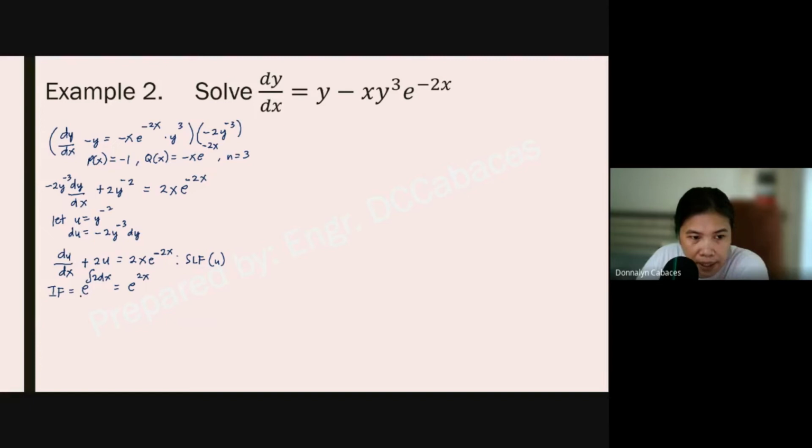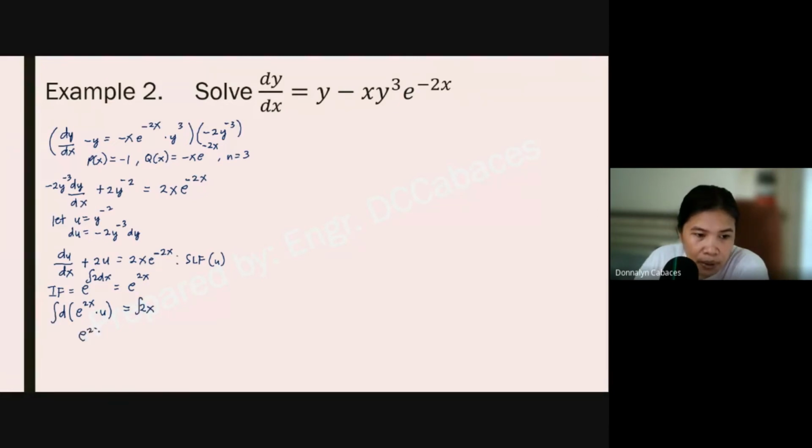So multiplying our IF with our SLF and with dx, again the left side would be the derivative of e to the 2x times u, is equal to the right side, so 2x e to the negative 2x times e to the 2x, that is simply 2x, which we can now integrate.